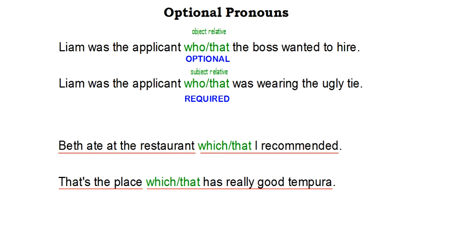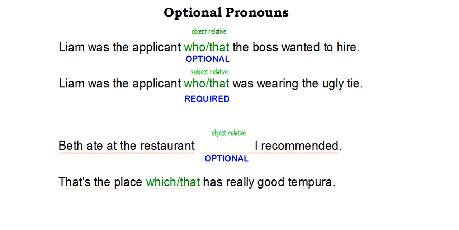Now let's look at the first one again. This one's object relative, and remember the big indicator is we have two different subjects. In the first one, the subject is Beth. In the second one, the subject is I. In the second clause, I'm saying I recommended it. It is the object. I recommended a restaurant. So that is an object relative pronoun. It is optional.